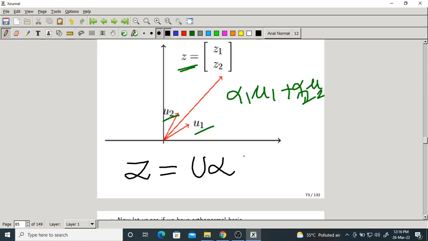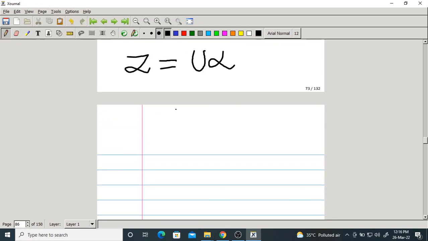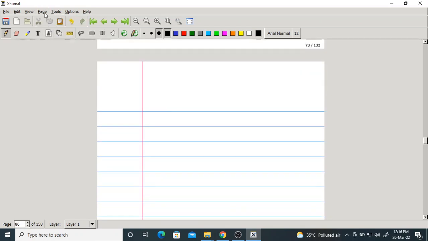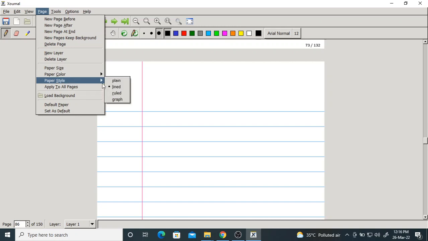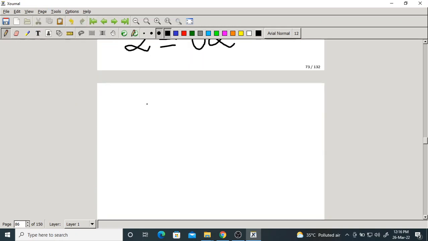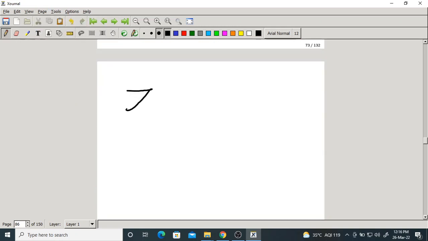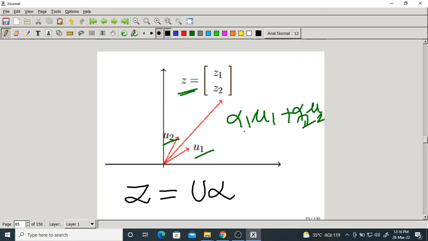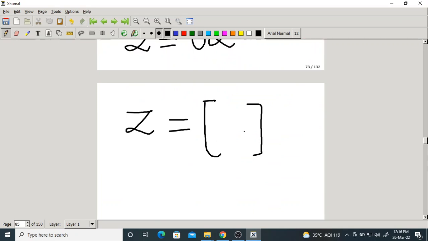In this case, vector z equals u, where the matrix u contains columns as basis vectors. What are the bases here? u1, u2.